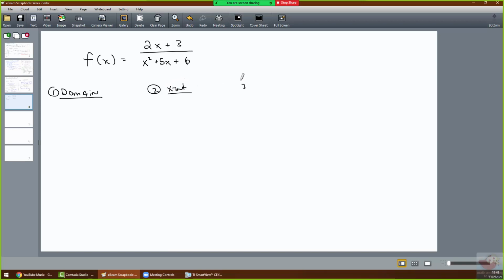We're going to find y-intercept. We're going to find vertical asymptotes, holes. We're going to find horizontal, oblique asymptotes. And we won't find a graph because this one's ugly to graph, but we'll talk about the graph just in case it's in your homework.